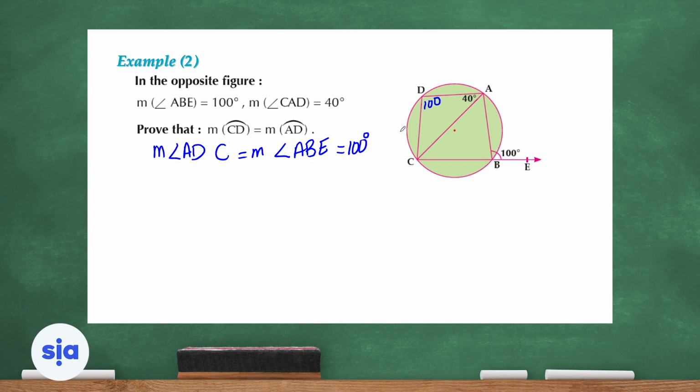Now we can easily get that the measure of angle DCA is equal to 180 minus the sum of 140. So the measure of angle DCA is 40 degrees.